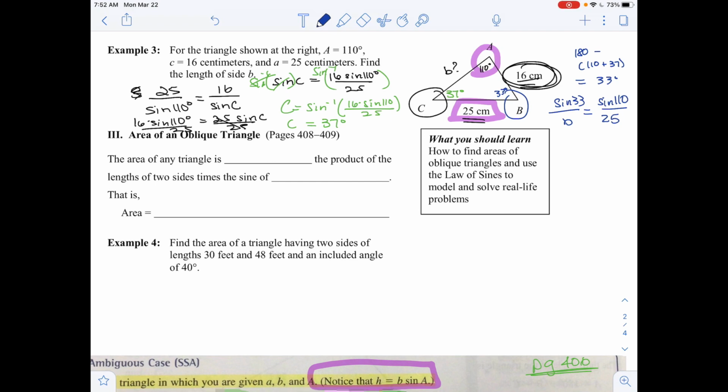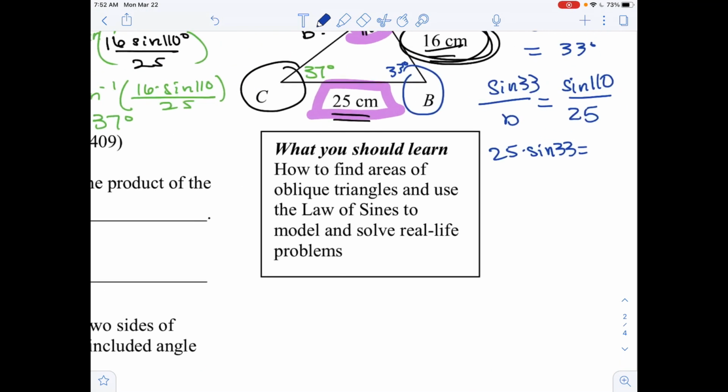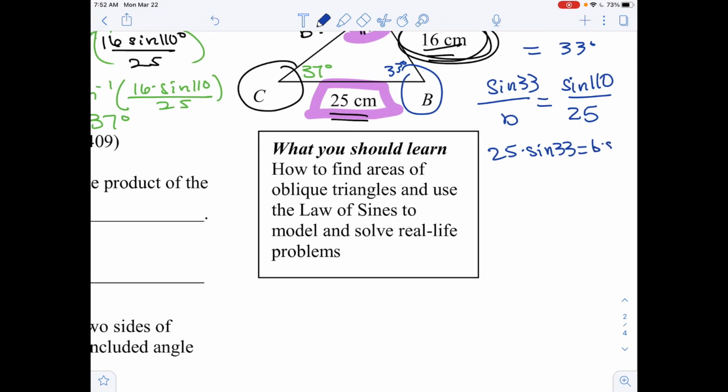If I multiply, I get 25 times the sine of 33 equals B times the sine of 110. To get B by itself, we're going to divide both sides by the sine of 110. And we end up with B equals about 14.5 centimeters.